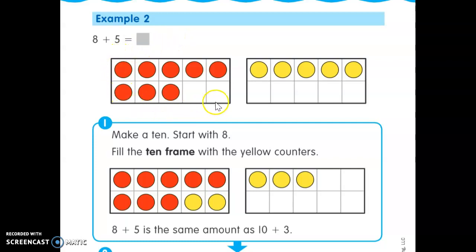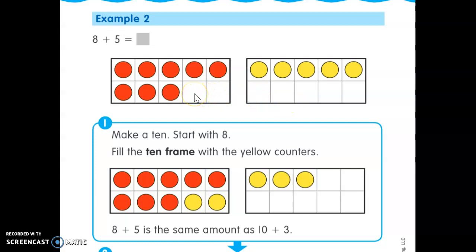So we have 8 red counters and 5 yellow counters. One way we can count is to count on, just like we have in the past. But there's also a trick where you can create 10 and then add the rest. So what they did is they have two 10 frames.